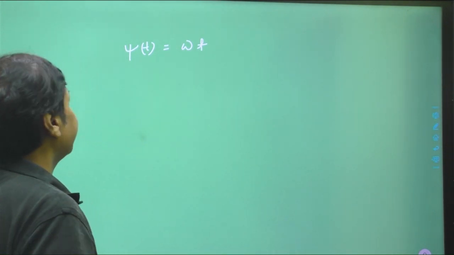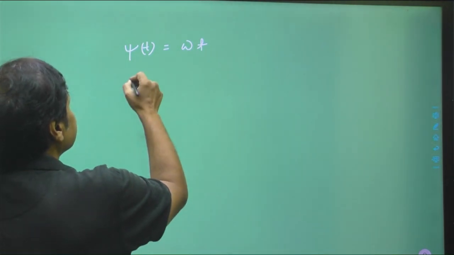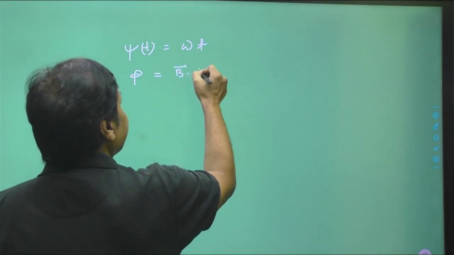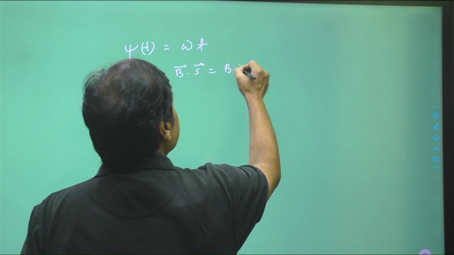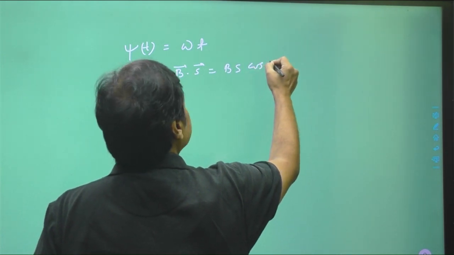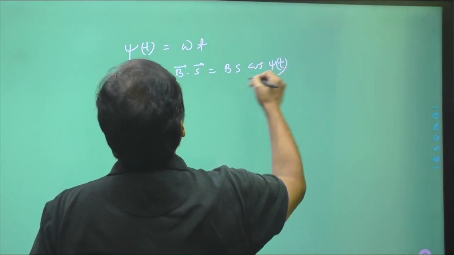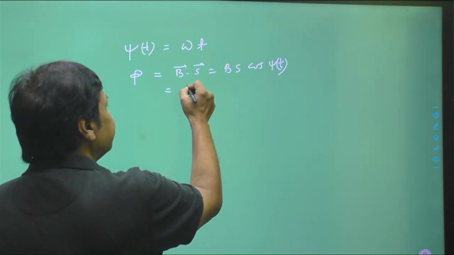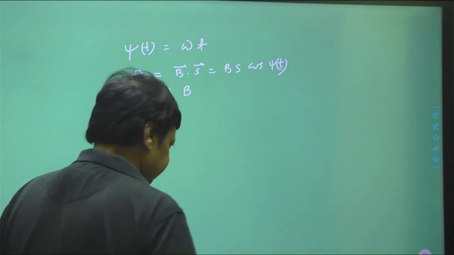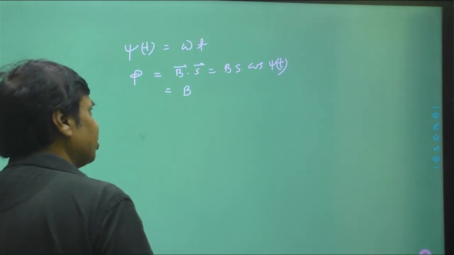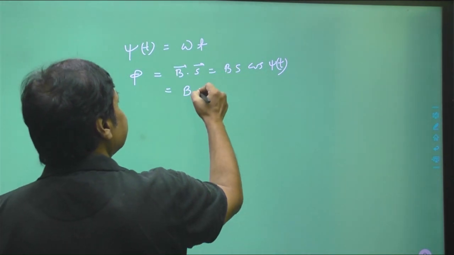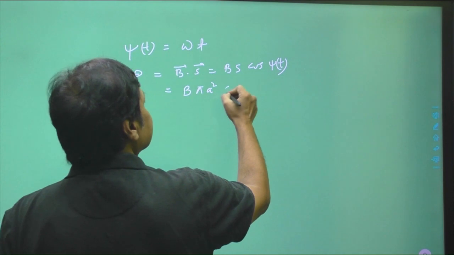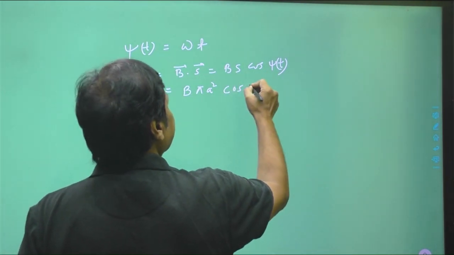Then the flux is B dot S, that means B S cos psi t, and B is simply B. Area is pi A square, A was the radius of the loop, and this psi t can be written as omega t.